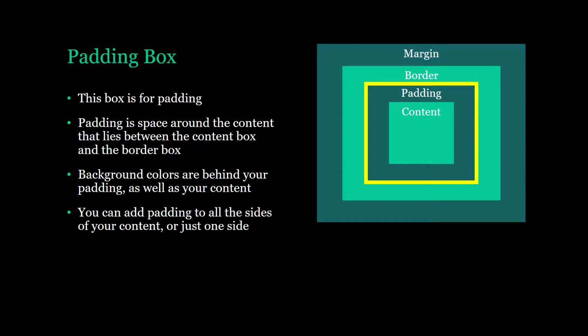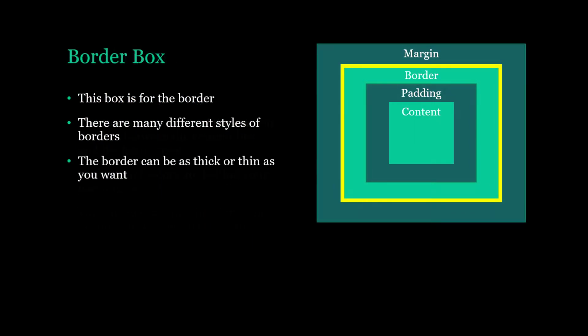And you can add padding to all of the sides of your content by just using the padding property, or you can specify where you want it to be by using padding dash left or padding dash right, and then however much padding you want to use. You can use pixels or EM or percentages or however you want to organize it. And it's the same with all of these other elements as well, the border and the margin.